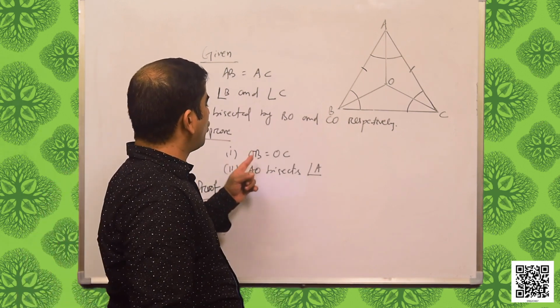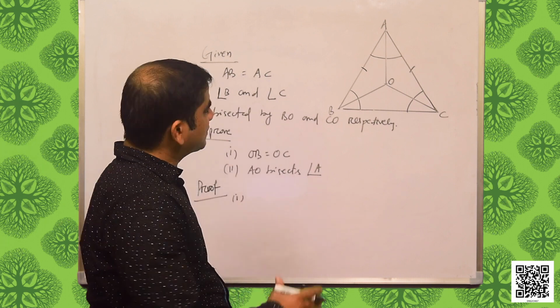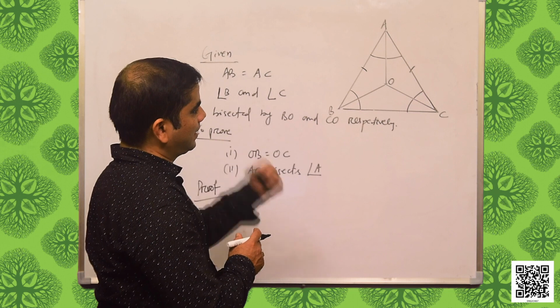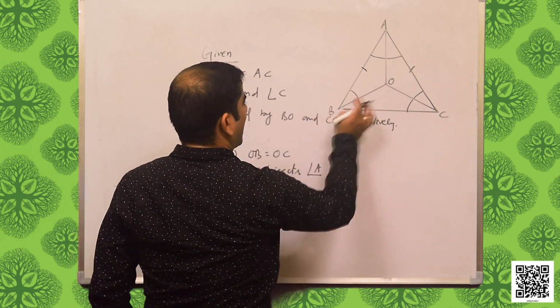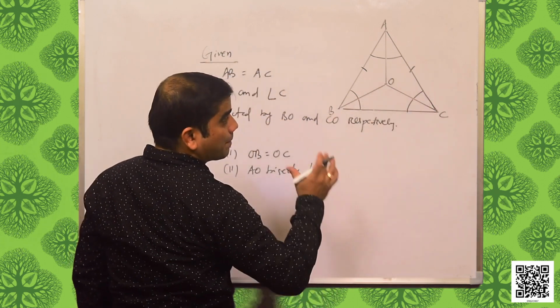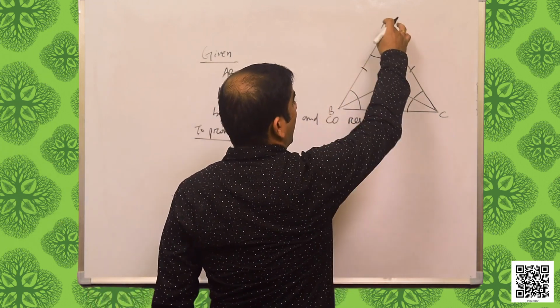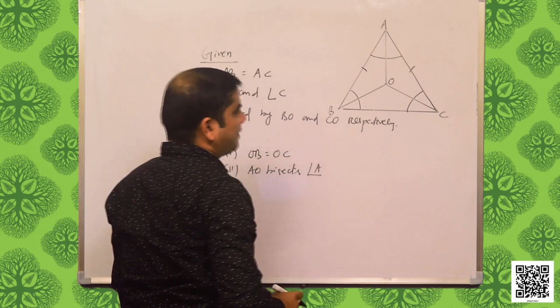We need to prove that OB is equal to OC. Let us first of all concentrate on where these two sides lie. OB and OC are parts of triangles AOB and AOC respectively.